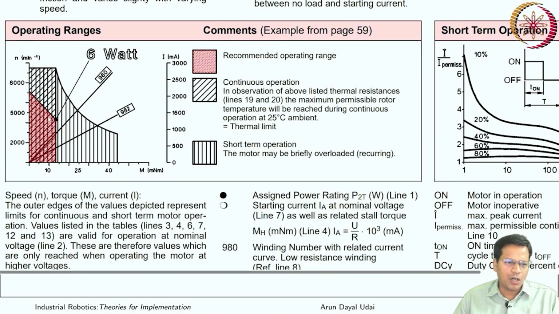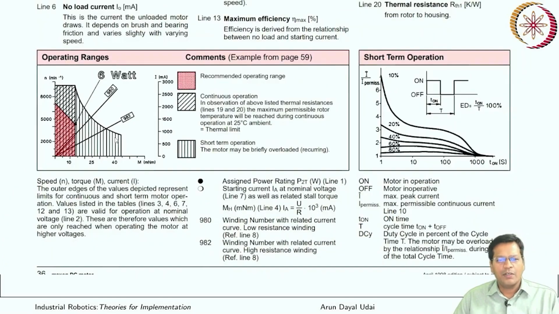This is the operational region, the recommended operating range, and for continuous operation you should be somewhere within this area, okay. And this is short term operation. Yes, you can go here also if it is for short term operation. So this is very useful information. For intermittent operation, like in the case of a robot also, you can be very safe over here.